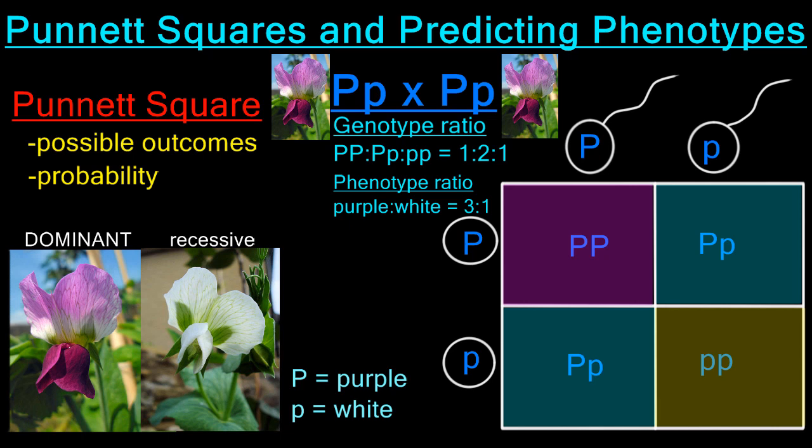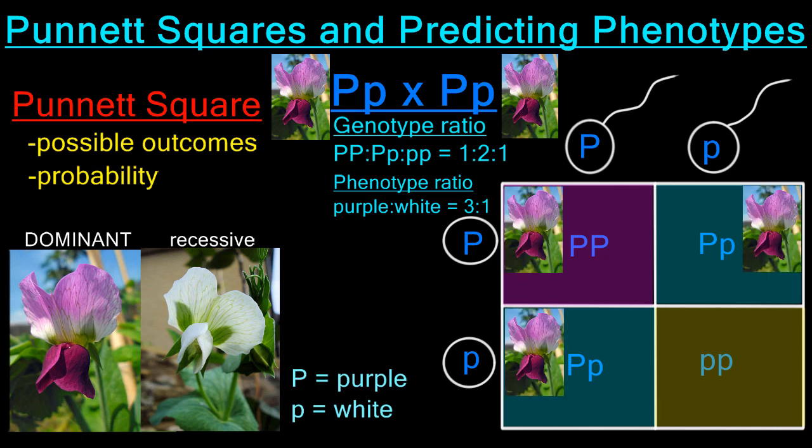The phenotype ratio would be 3:1, meaning that we would have 3 purple-flowered plants for every 1 white-flowered individual. This could also be written as 75% purple and 25% white.